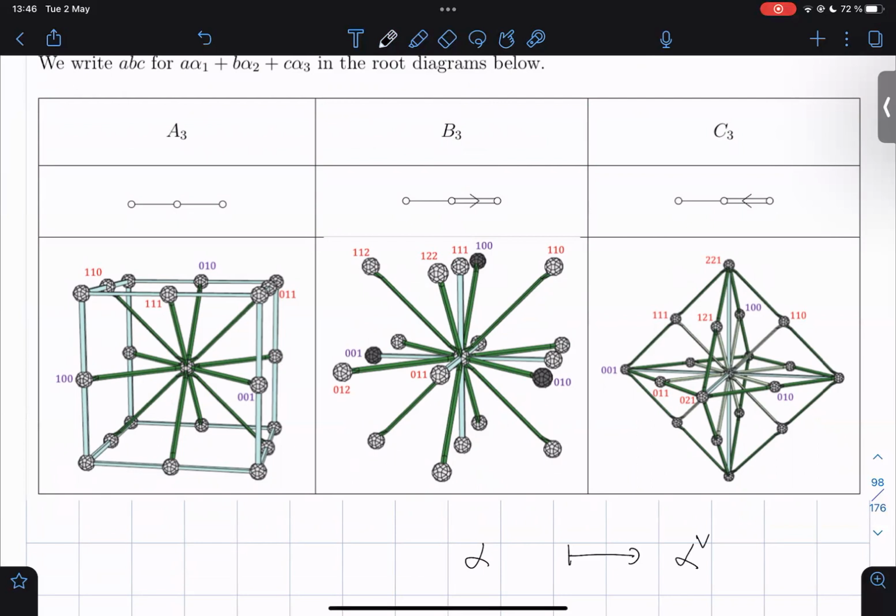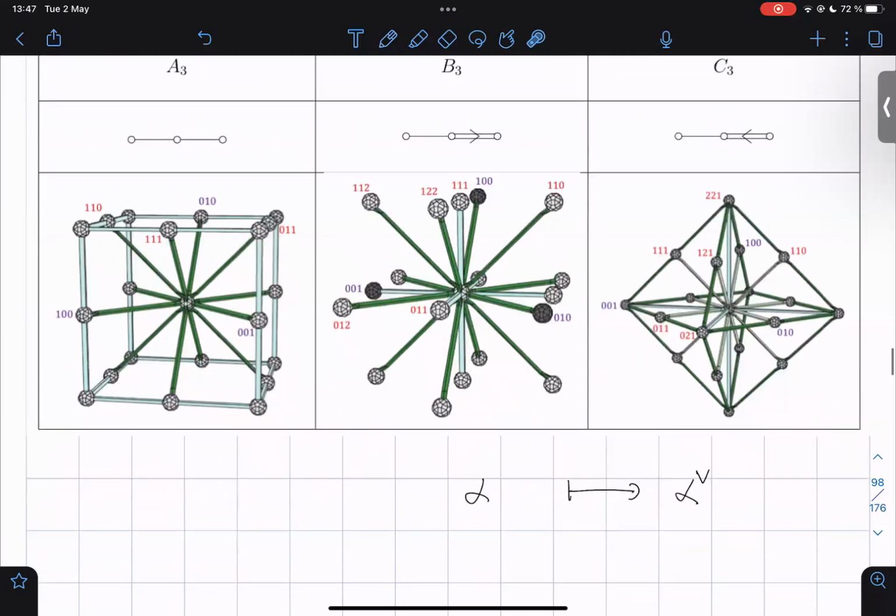This is not obvious at all in general, but it can be shown that if you have any one of these roots in the Bn root system, then you get something in the Cn root system, but it interchanges long and short.